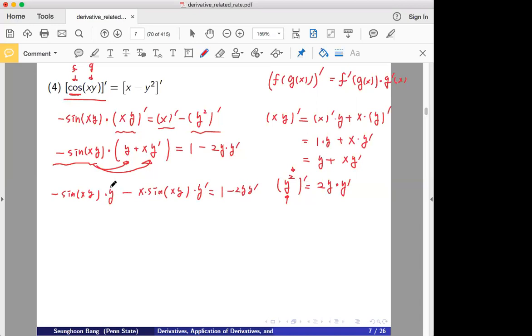I want to move y to the front, so this changes like this, the negative y.